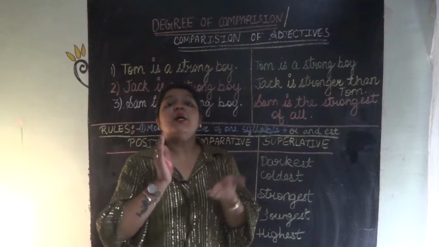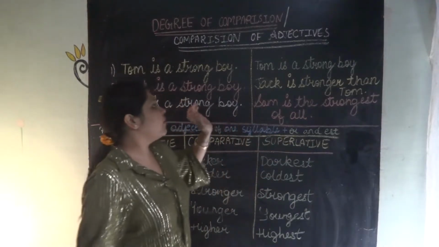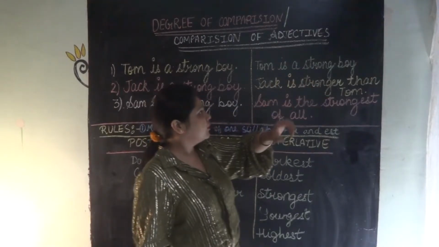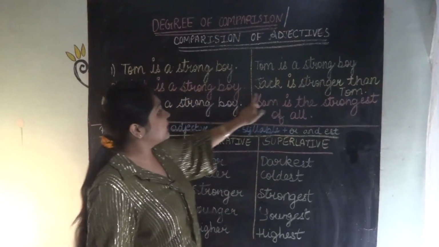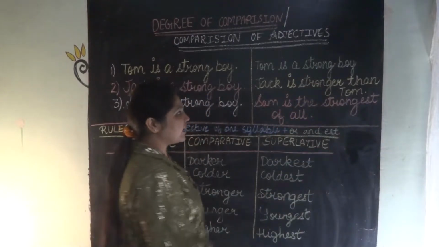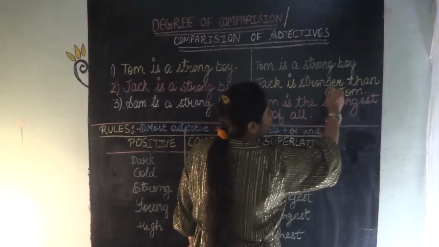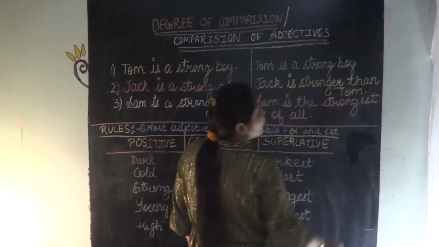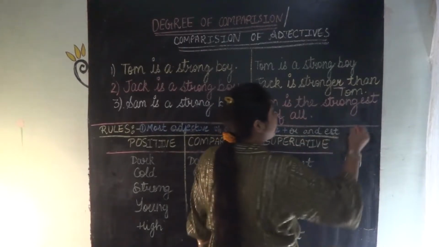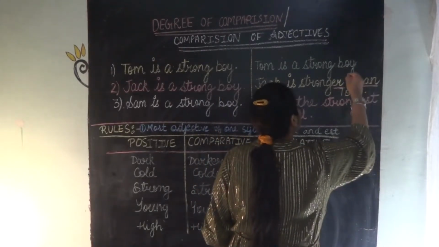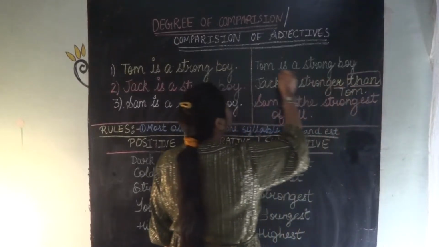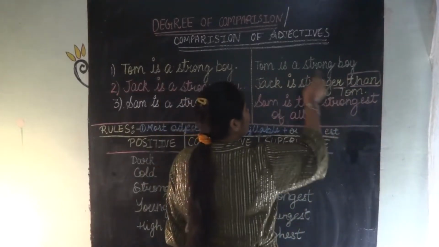They are always compared. So if I write it like this, Tom is a strong boy, then Jack is stronger than Tom. Jack is stronger. So what did we add? ER. And one more thing we added, that is than, with the first noun.